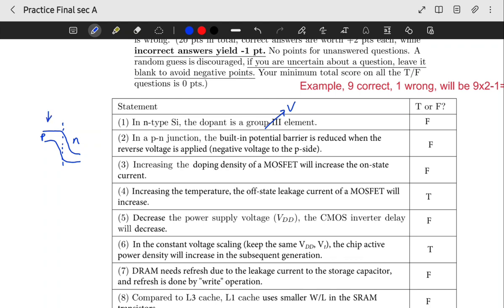So here we apply negative voltage, and it will pull up the band on the P side. So it looks something like this, which means it increased the built-in potential. So the answer is false.